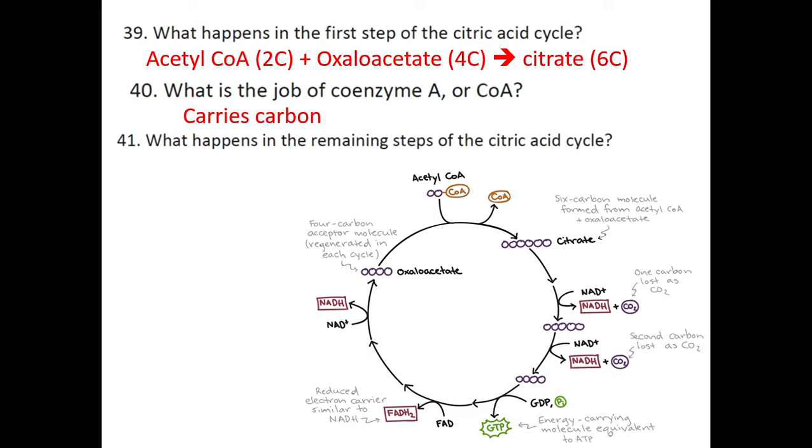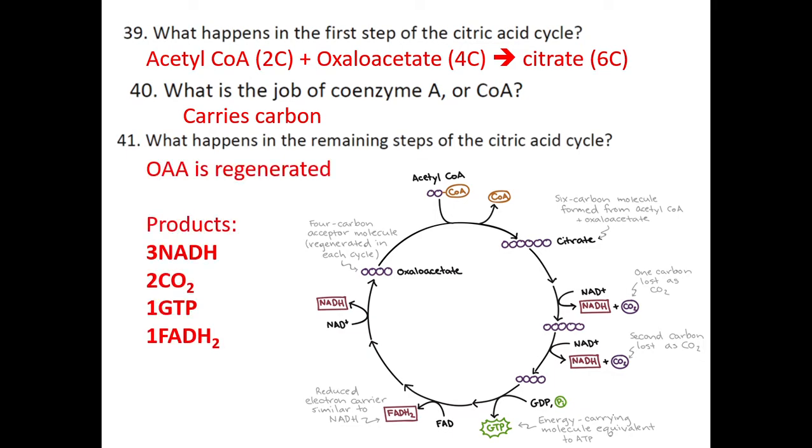We only need to know that at the end of the cycle, OAA is regenerated. So we use OAA at the beginning, this 4-carbon molecule, and then we generated this OAA at the end of this cycle. Therefore, we can continue this process once we have a new acetyl-CoA coming in.